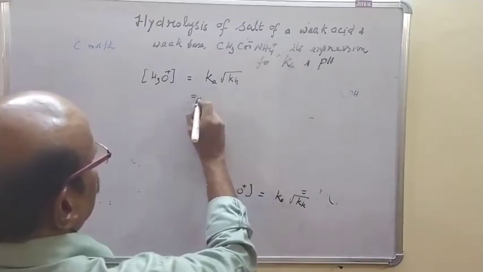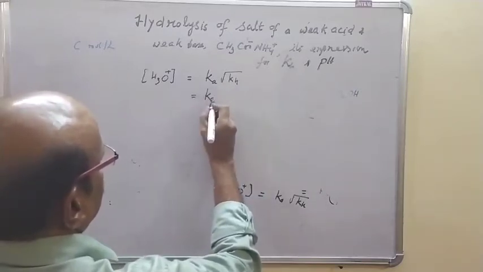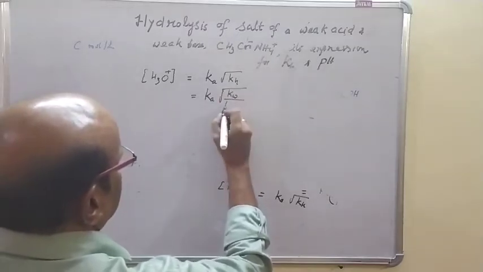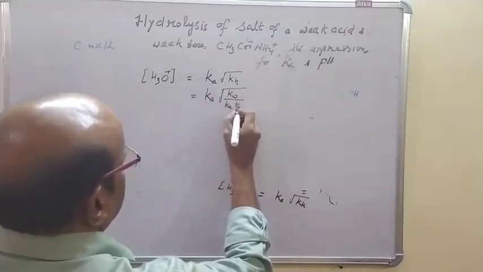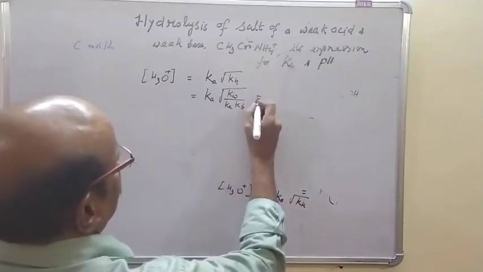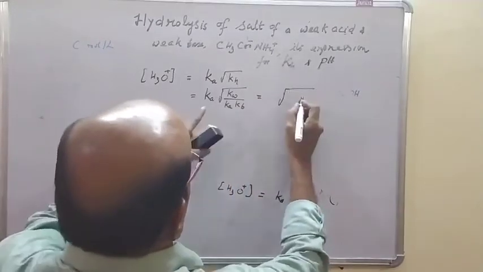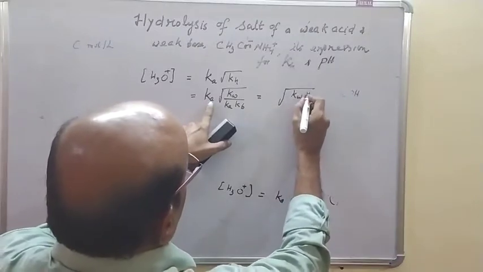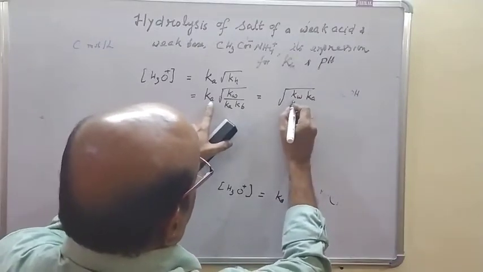That is equal to Ka into Kw divided by Kb, that is equal to square root of Kw Ka by Kb.